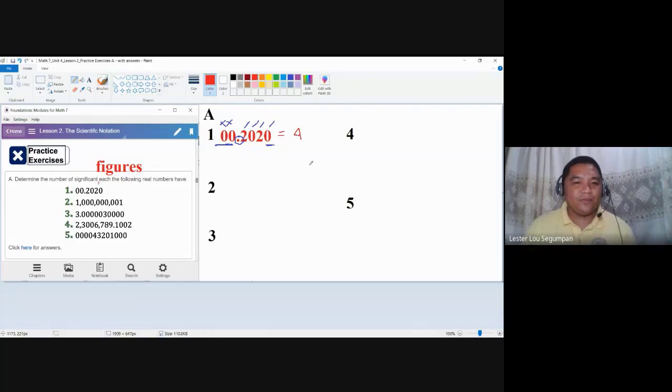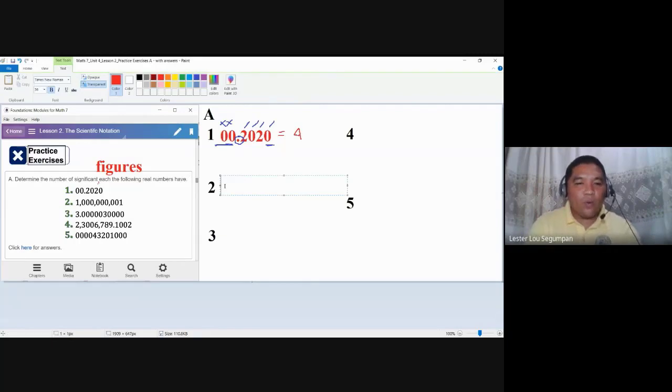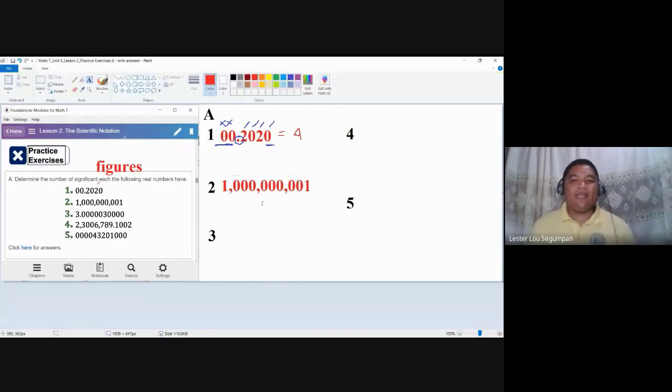Number 2, we have the item here: 1 billion 1. So let us go back to the rules again. Number one, all non-zero digits are significant.